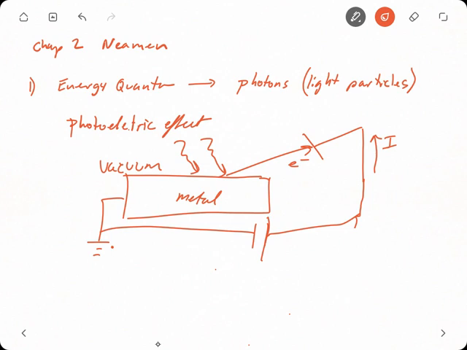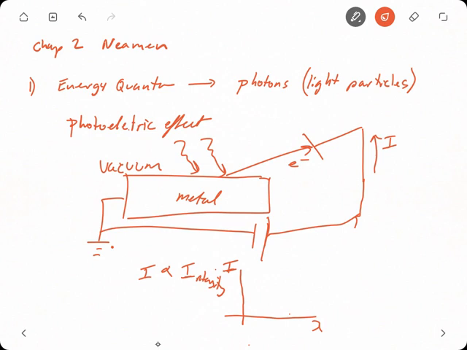So the current that's carried through the vacuum is going to be proportional to the intensity of certain wavelengths of light, but there's a thresholding effect where basically you get, so here's the current again, and plotted versus the wavelength of light.